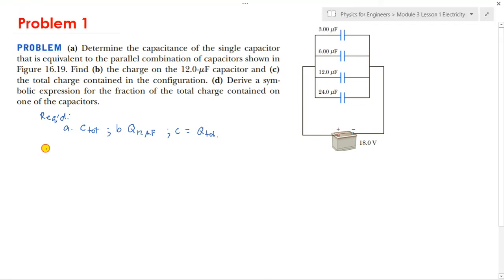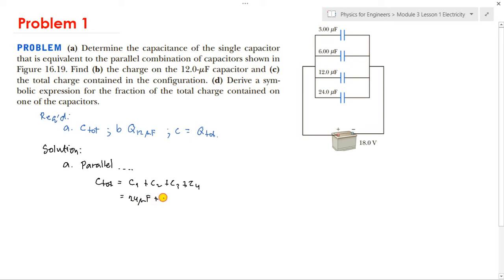So, solution. Since this is parallel, the total capacitance is just the sum: C1 plus C2 plus C3 plus C4. We have four capacitors. The first is 24 microfarad.